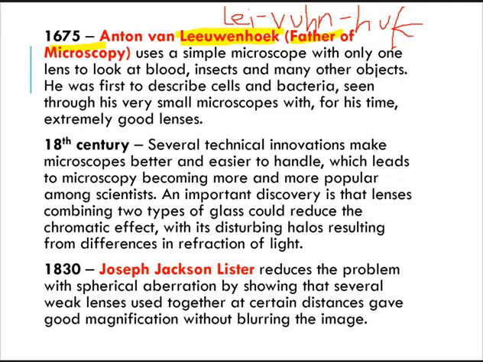He was able to describe your red blood cells, different types of cells, and your bacteria with it. That served as our basis for how we describe these cells today. That's because of your father of microscopy.